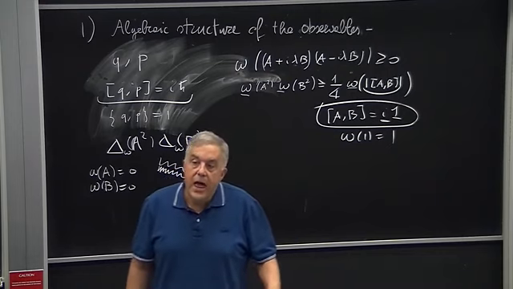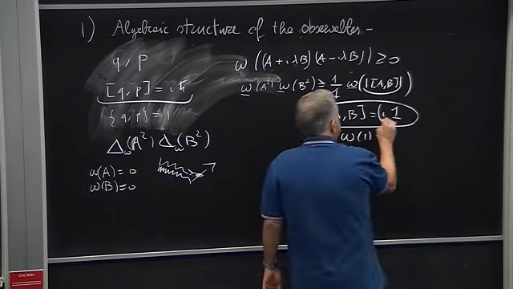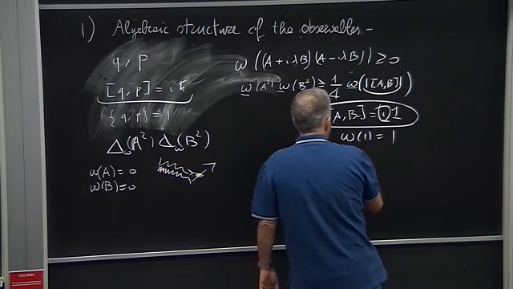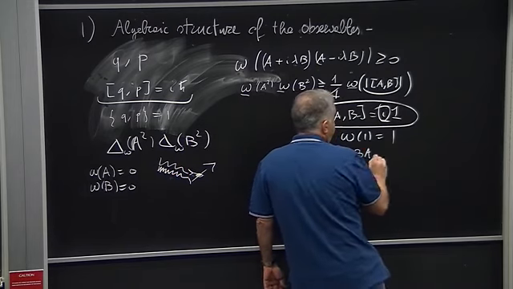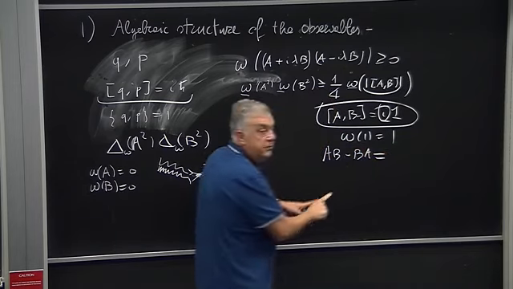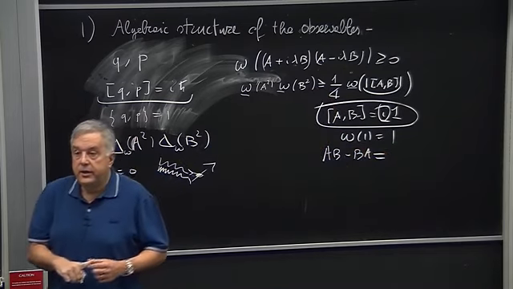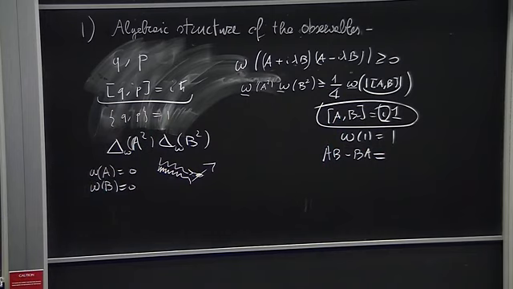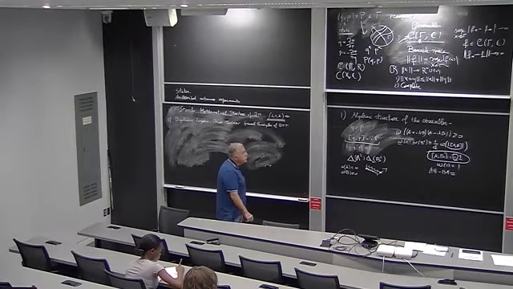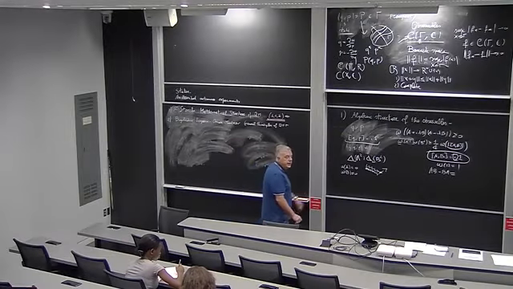That's why you need an i there. This is because AB minus BA, even if this is a formal expression, is not Hermitian, it is anti-Hermitian. And that's why you get naturally i in the commutation relation of Heisenberg.